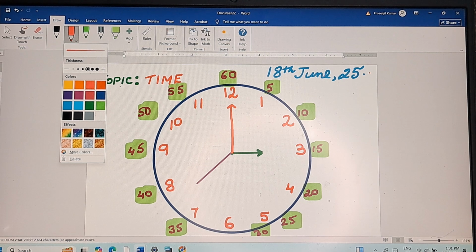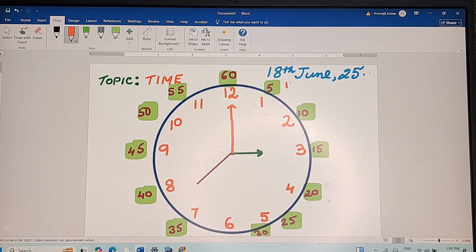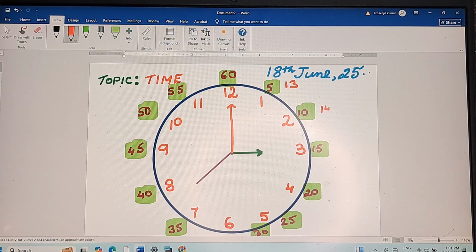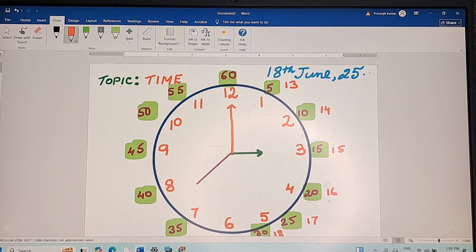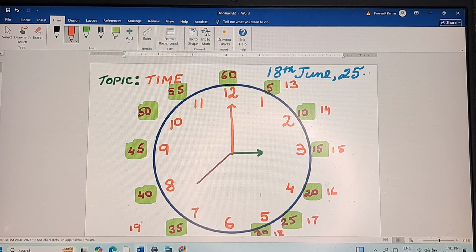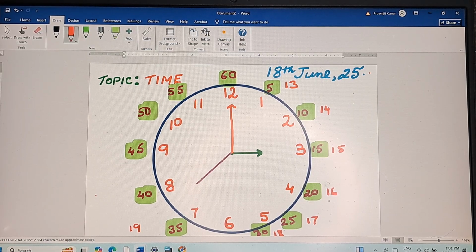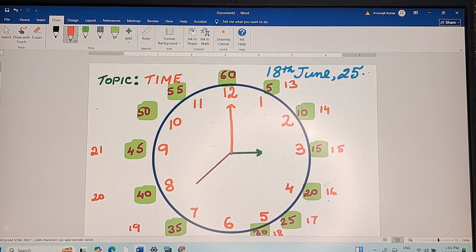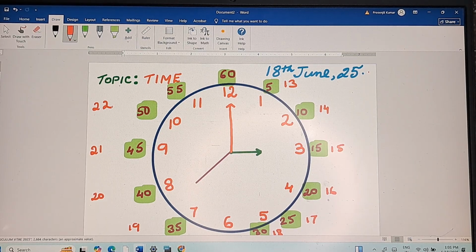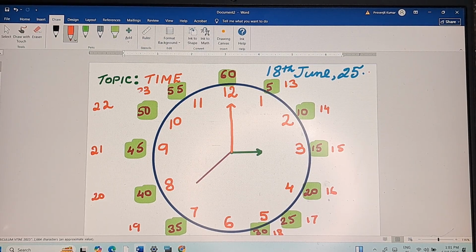Let us check. 1 will represent 1300 hours, 2 will represent 1400 hours, 3 will represent 1500 hours, 4 will represent 1600 hours, 5 will represent 1700 hours, 6 will represent 1800 hours, 7 will represent 1900 hours, 8 will represent 2000 hours, 9 will represent 2100 hours, 10 represents 2200 hours, 11 represents 2300 hours, and 12 represents 2400 hours.